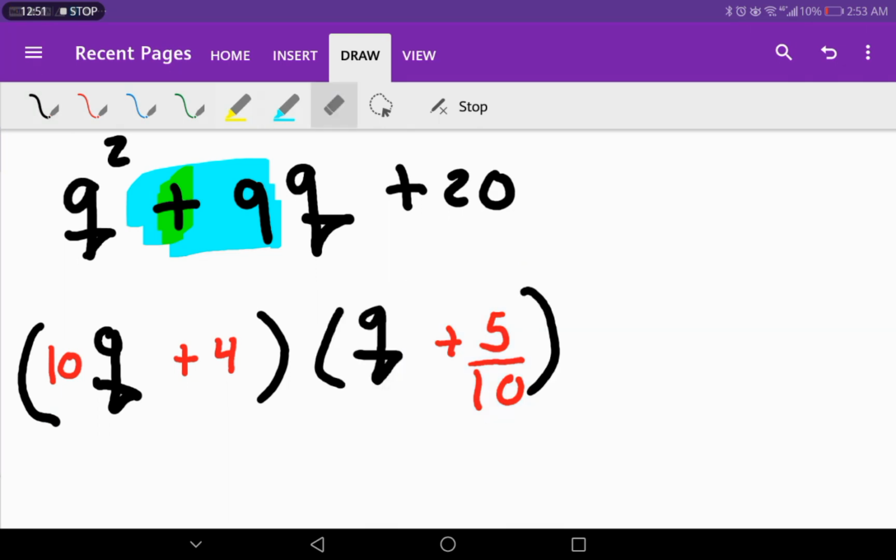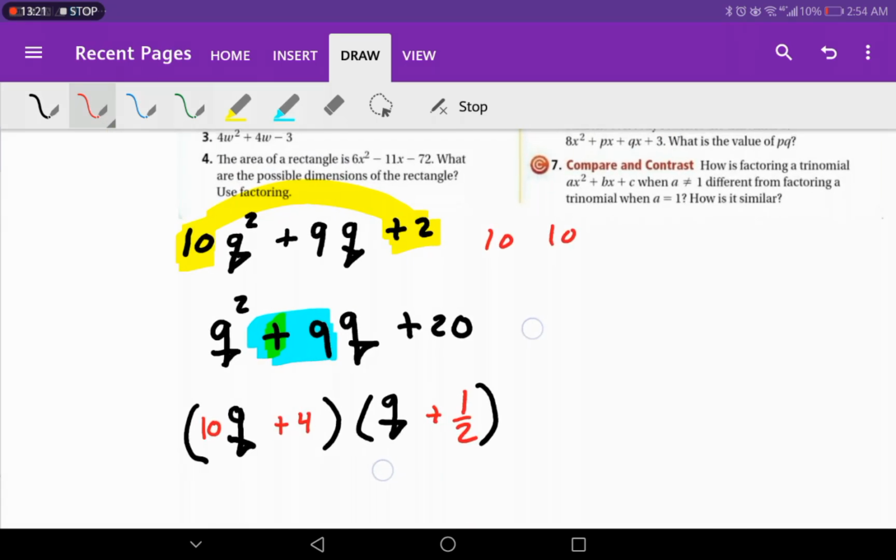Are you happy with that? We finished? Yes. Can I write this in simplest form? This one, 5 divided by 10, is 1 over 2. You can write it like this. Yes. You can use the distributive property here, break the parentheses, and find it is a correct answer.